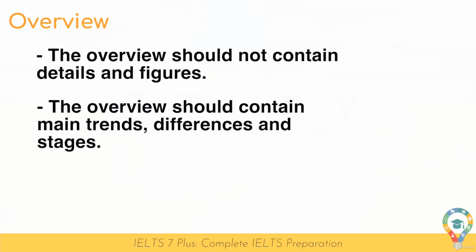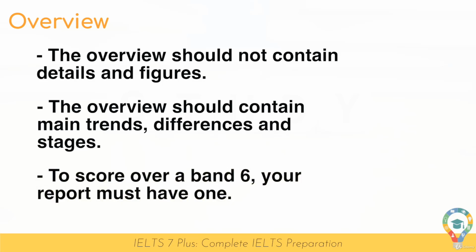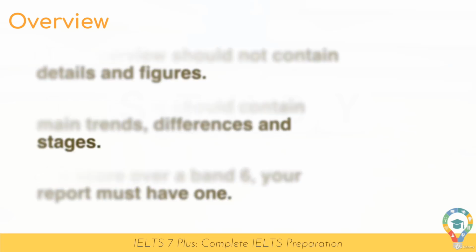Give the big picture without figures. As I previously said, if you want to score above a Band 6 in Task Achievement, your report must include an overview. And to score Band 7 or higher, you must identify the main trends, differences, or stages. Let's see some examples now.